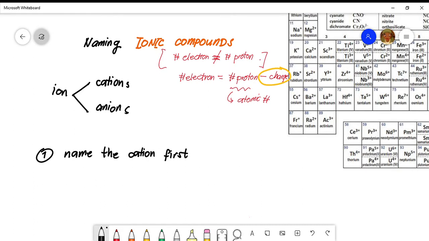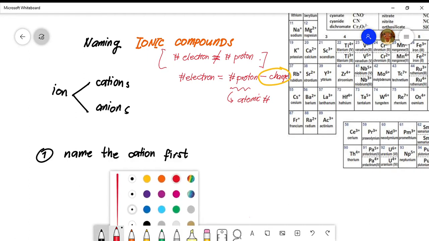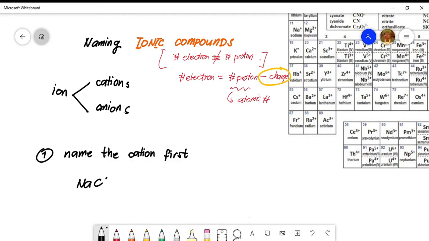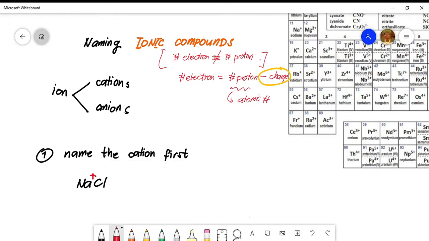Let's say we have NaCl. We know that the cation here is the sodium. So we write sodium. And then we know that the anion here is the chlorine.